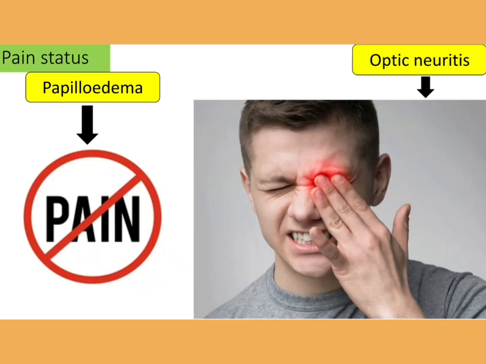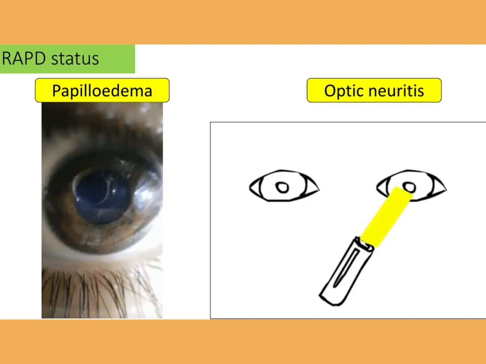The optic nerve beyond the retrolaminar region is getting inflamed, so that inflammation radiates to the annulus of Zinn that surrounds the optic nerve, and because of the inflammation of the annulus of Zinn also, whenever the person moves his eyes in different gazes, he feels pain because all the rectus muscles originate from the annulus of Zinn. So that's why an optic neuritis patient can give you the complaint of pain whenever he moves his eye in different gazes.